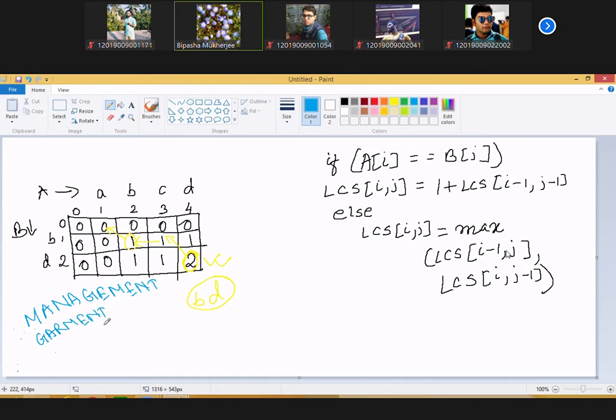Check whether you are able to do it or not. Take the algorithm. Yes, you can take any of them row wise, any of them column wise. You may take management as B and garment as B this way and tell me. You can get more than one also, but you need to find the longest one. Check whether you are able to apply or not. Take 5 or 6 minutes of time and check whether you are able to apply it or not.